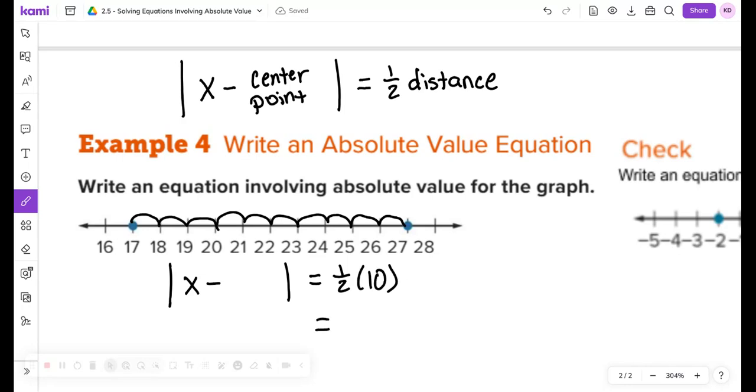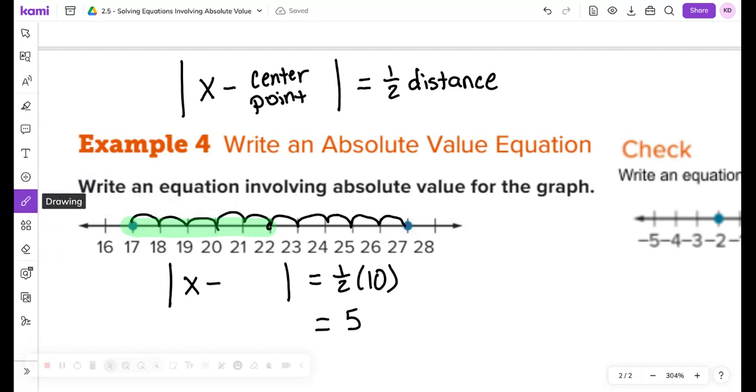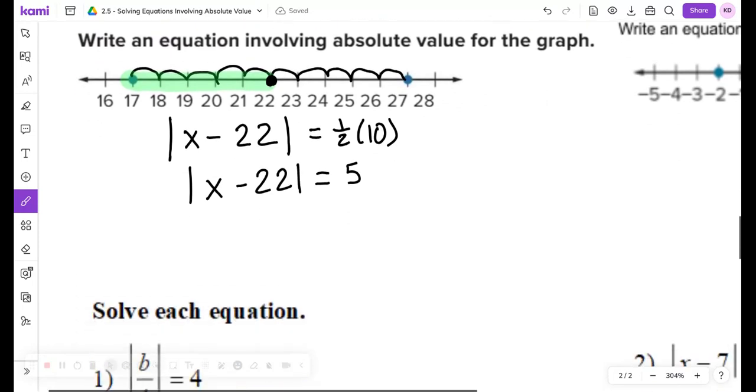Half of 10 is 5. So now I can count: here's 1, 2, 3, 4, 5. My midpoint, or my center point, here is 22. So the absolute value of x minus 22 is equal to 5.